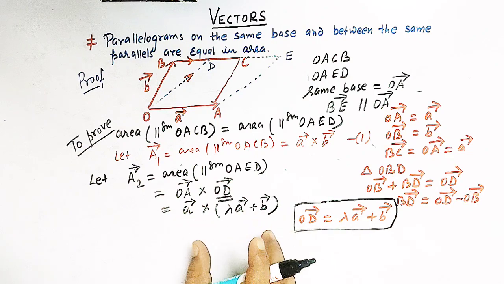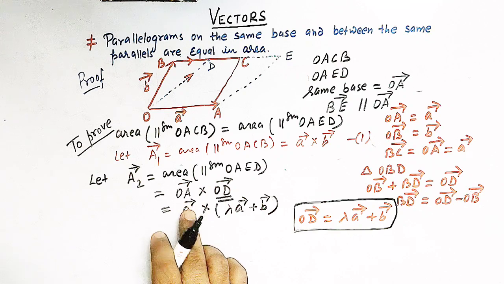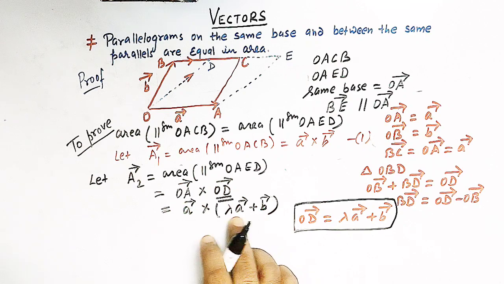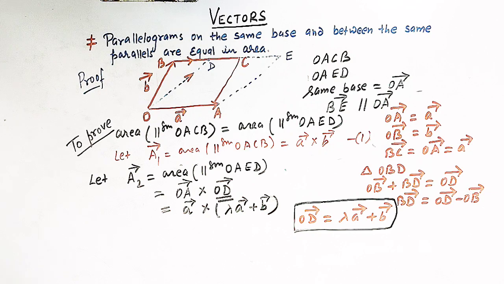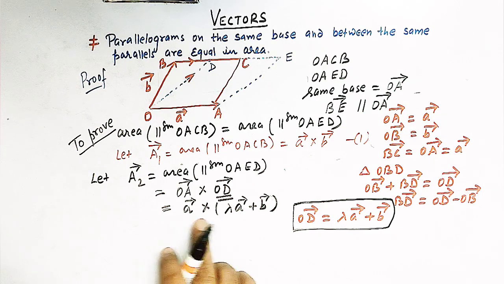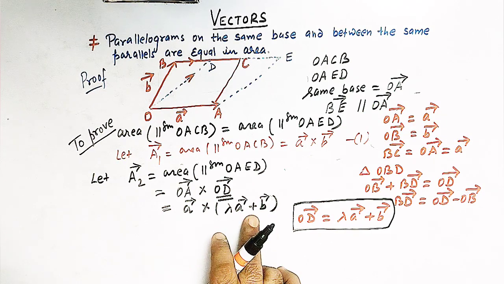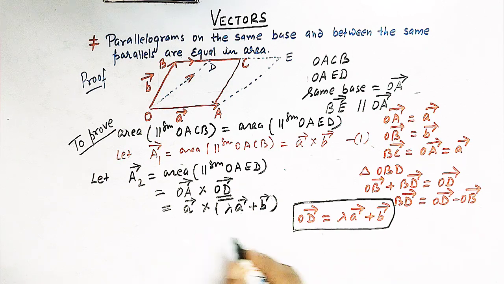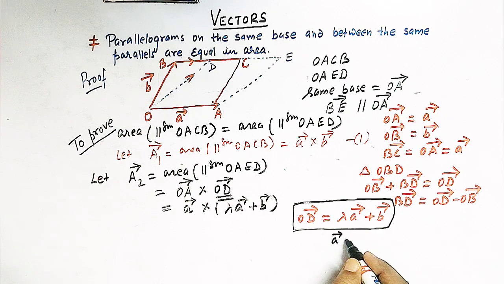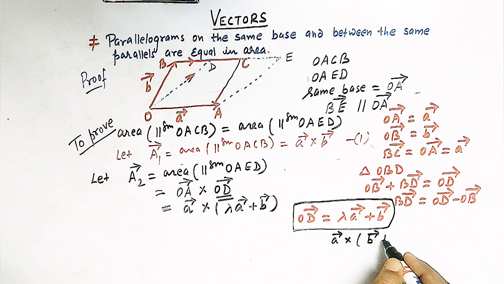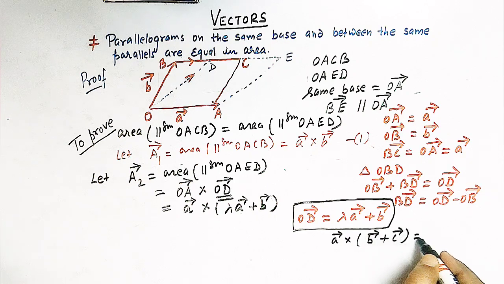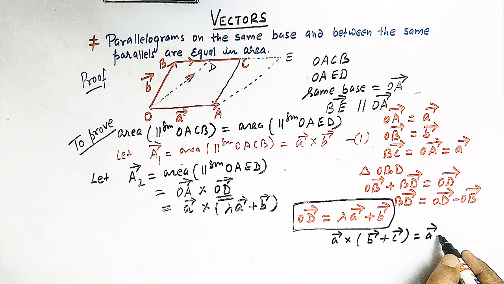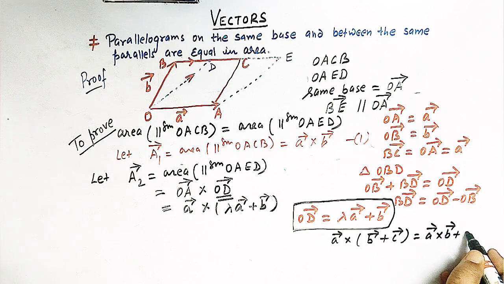So now we have to find out the cross product of vector A and this vector, that is lambda A plus vector B. To find the cross product of these two vectors, we'll make use of the distributive property. The distributive property says that if we take the cross product of a vector A with a vector, say vector B plus vector C, then we can write vector A cross vector B plus vector A cross vector C, right?